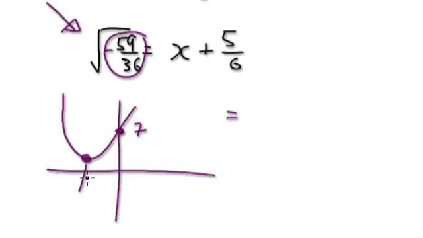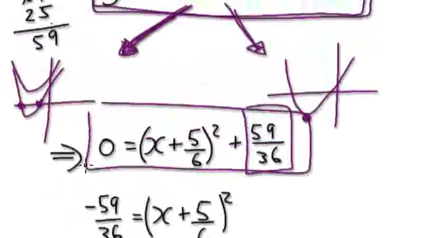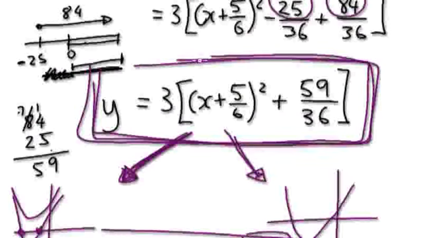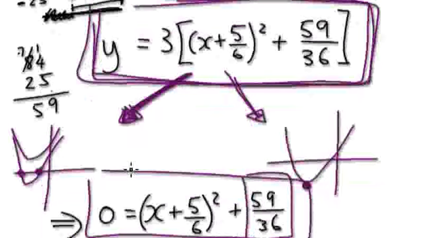So if you want to investigate this point here, then go back to our key stage. This is our key stage here. Remember, if we want to investigate the two points here, we would go in this direction. But because we want to investigate this point here, we need to go in this direction.